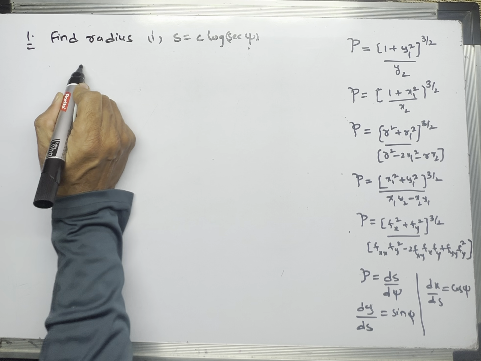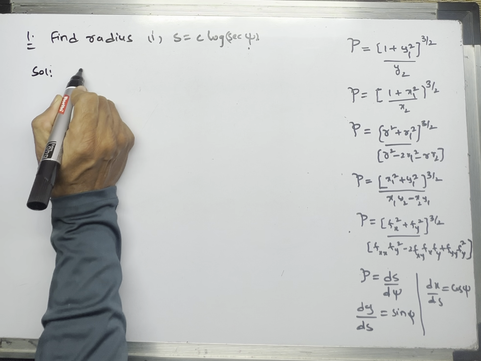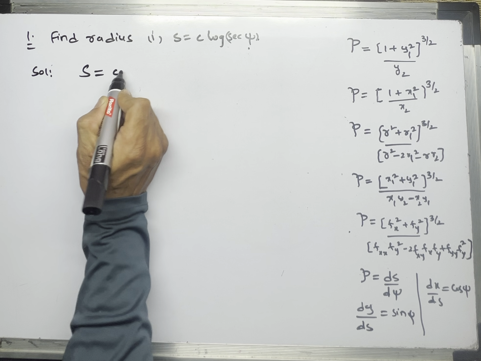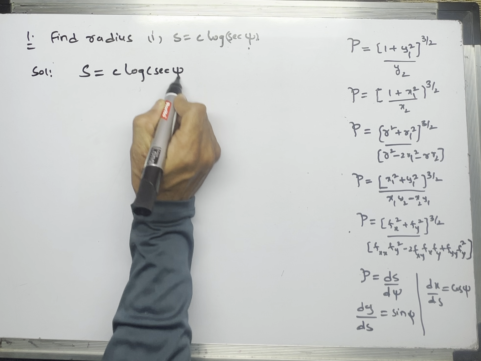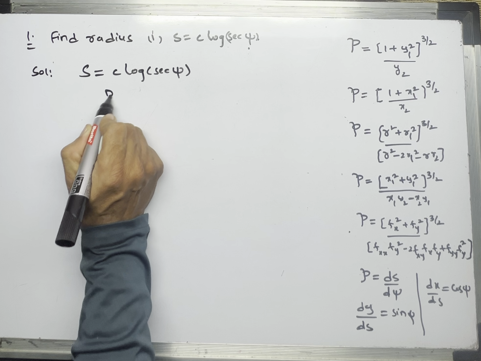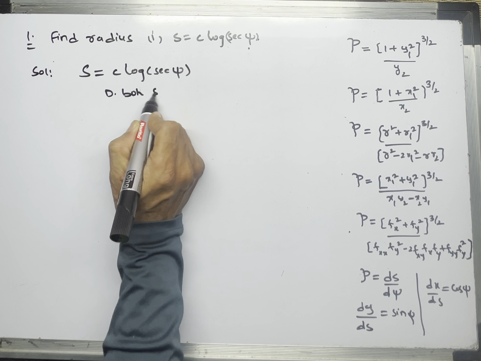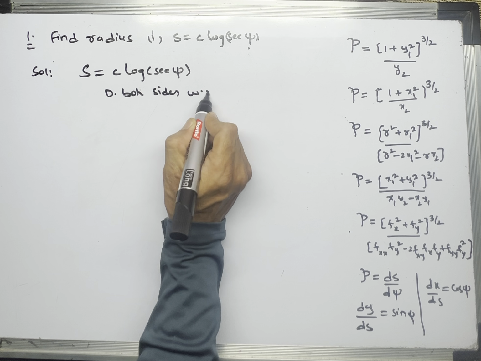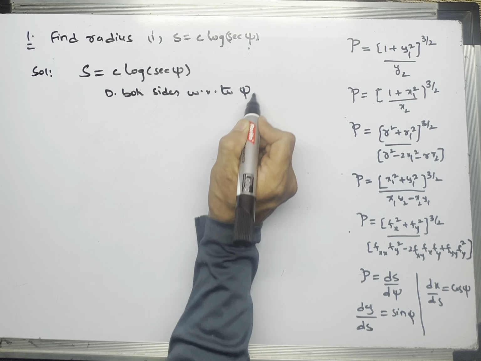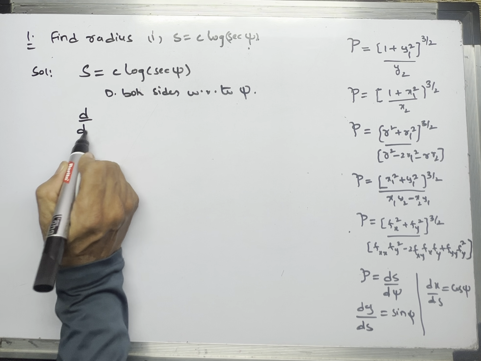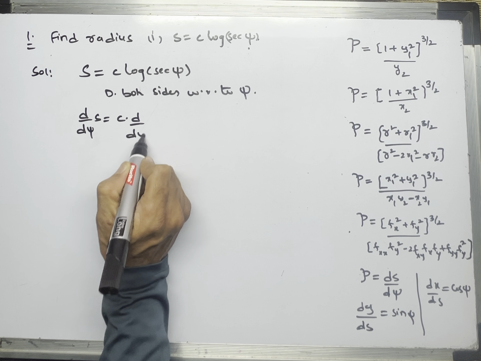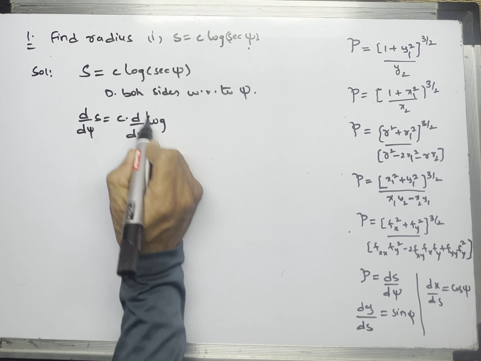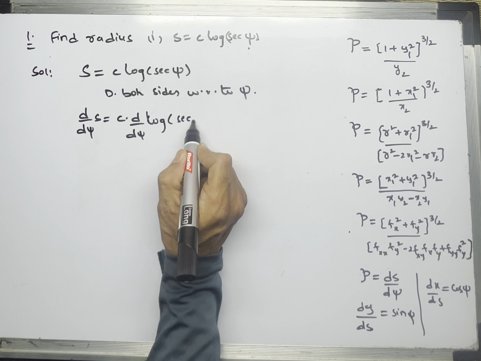So differentiating both sides, first we consider s equals c log secant psi. Differentiating both sides with respect to psi, d by d psi of s equals c into d by d psi of log secant psi.